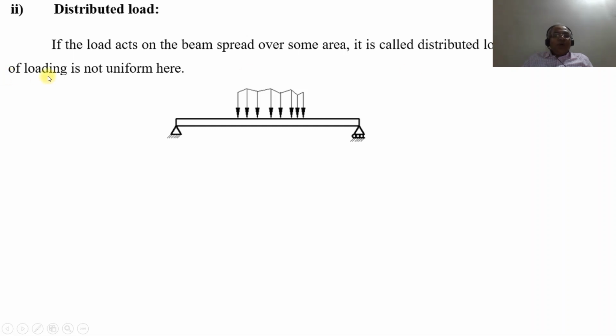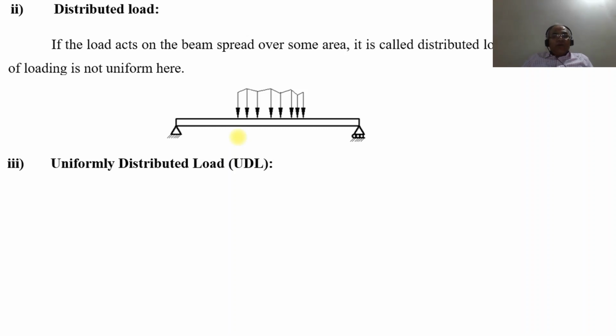The rate of loading in this case is not uniform, as shown with the zigzag. In some particular area it will have more load, and in some section it will have less. That is why it is called the distributed load. The load is distributed over an area, but it is not uniform in nature.